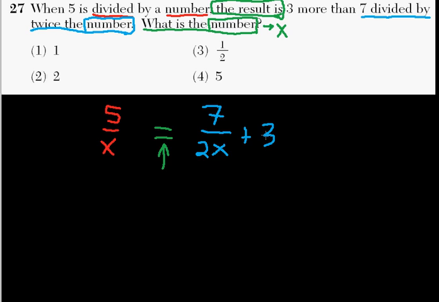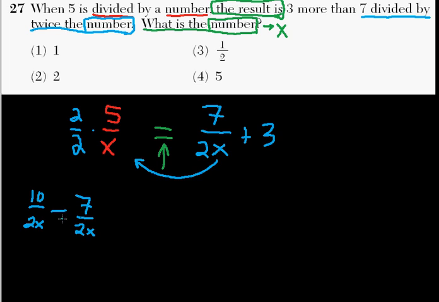Okay? And we want to get this 7 over 2x to the other side, to the left-hand side, and then solve for x. First, let's multiply this by 2 over 2 so that we have common denominators. And we're going to have 10 over 2x minus 7 over 2x, because remember I subtracted this and I put it over here.